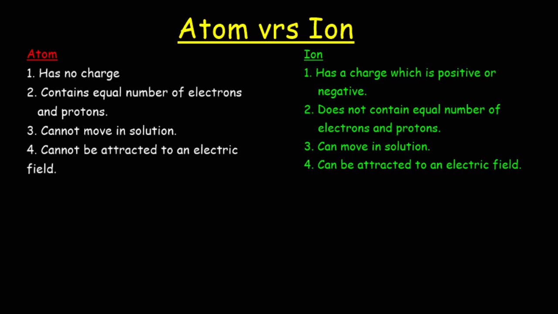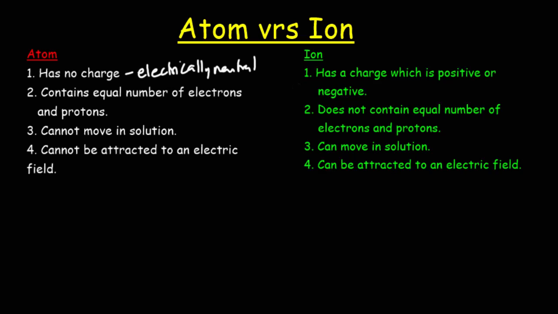Anytime an atom does not lose an electron or gain an electron, it will have no charge, and therefore we say that it is electrically neutral. So the atom having no charge can also be referred to as electrically neutral. So all atoms are electrically neutral.